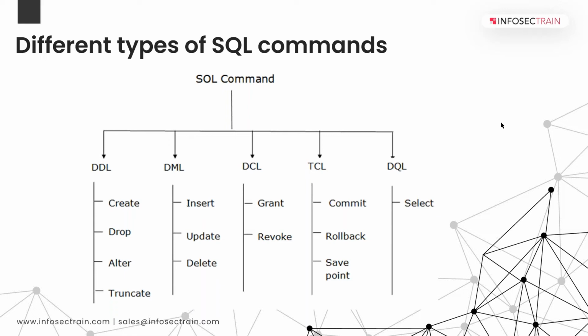DDL commands are used for creating, altering the database and database objects in a relational database management system, like create database, create table, alter table, etc. The most used DDL commands are the 4: create, drop, alter, and truncate.